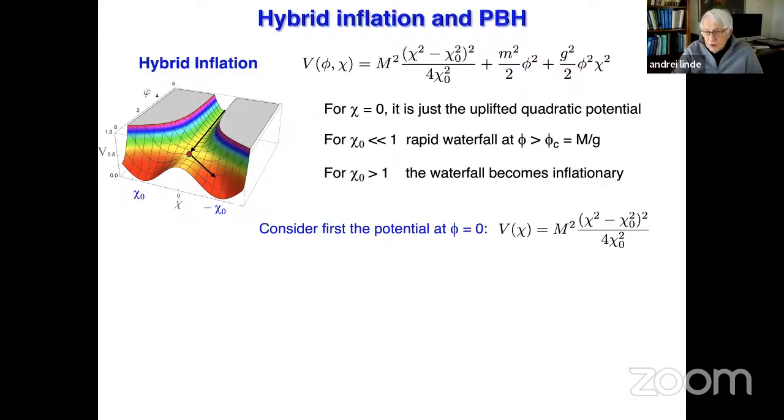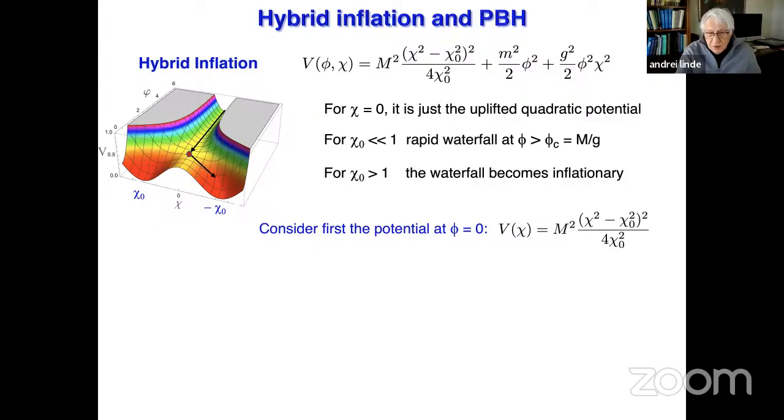And to get some intuition what is going on here, because this is complicated. You have two fields, they are fluctuating simultaneously, they are moving simultaneously, but to get intuition, it's very helpful to focus just on this Higgs potential, which is this hybrid inflation at phi equal to 0.